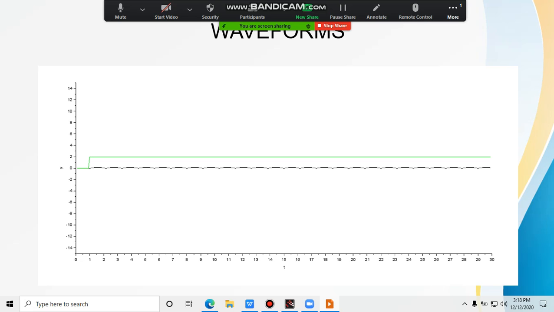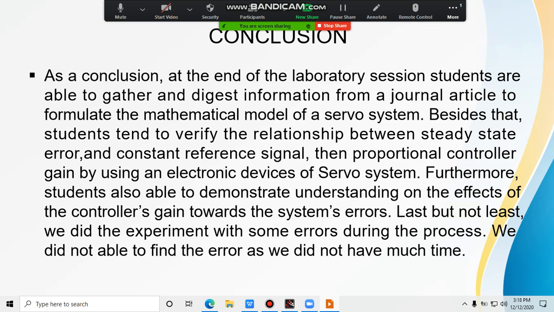Okay, now we go to our conclusion. From this lab, students will be able to gather and digest information from the journal article. The journal article was given by our lecturer to guide us to use a formula that can obtain information about our lab, our circuit and our waveform. Also, this is a formula of the servo system.